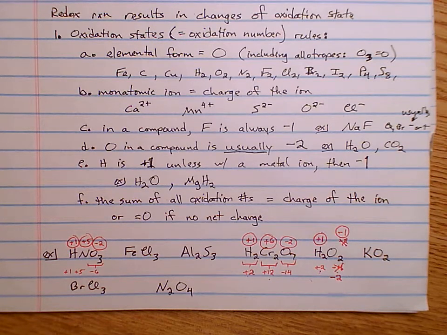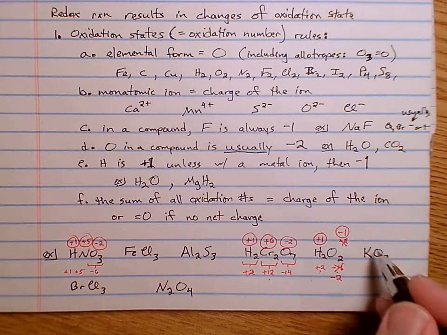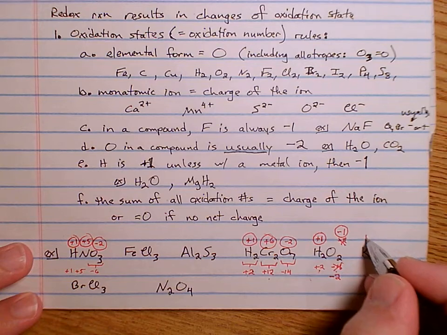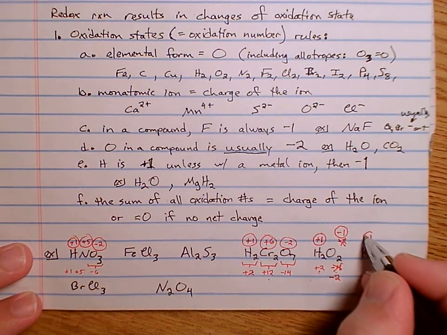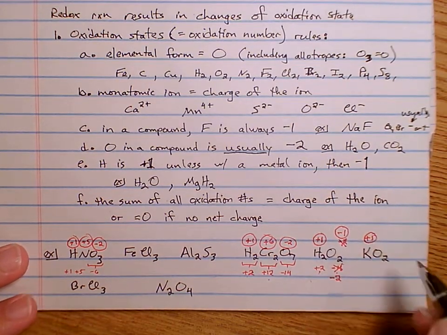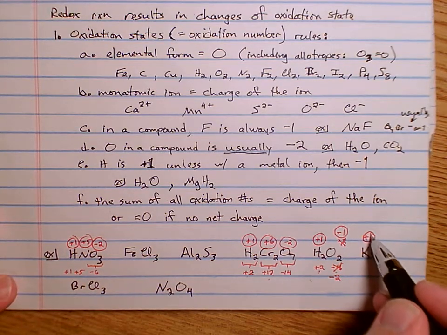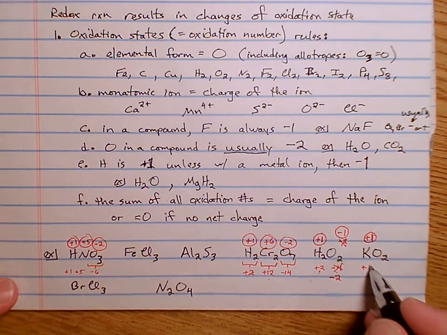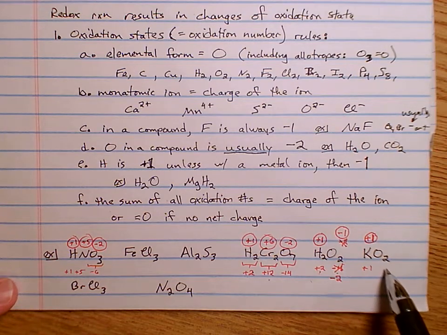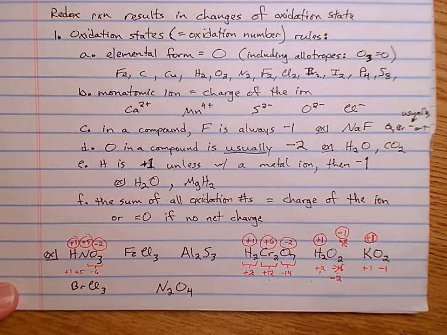And this can get a little crazy at times because, let's look at this, KO2. Well, note, we've got potassium and oxygen. This is an ionic compound, so we know that our potassium is potassium plus 1. That has to be its oxidation state. It only has 1 valence electron. It's an ionic compound, so this is plus 1 here, which means if our potassium is plus 1, our oxygens together must be minus 1.